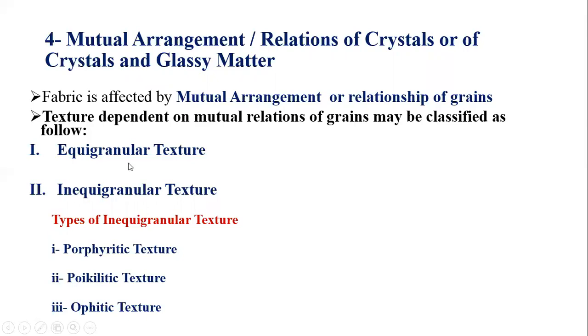We have discussed that along with the shape, the mutual arrangement or relationship of grains also affects the fabric. Textures that depend on mutual relations of grains may be classified as follows. The first category of texture is equigranular texture, while another category is inequigranular texture.